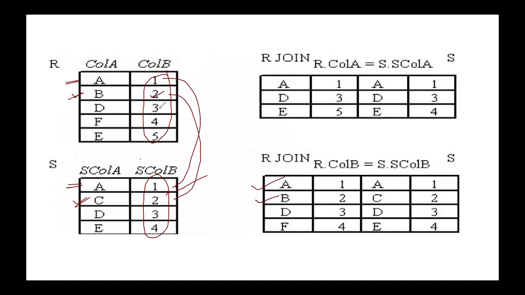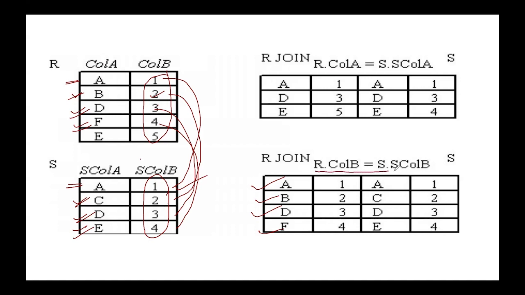Do I have 3? Yes, I have 3 here as well. So I'm going to keep D3 and D3, which is over here. Do I have 4? Yes, I have 4 as well. So I'm going to keep F4 as well as E4. Remember, I'm only bothered about whether column B is matching or not. I'm not going to see column A, right?